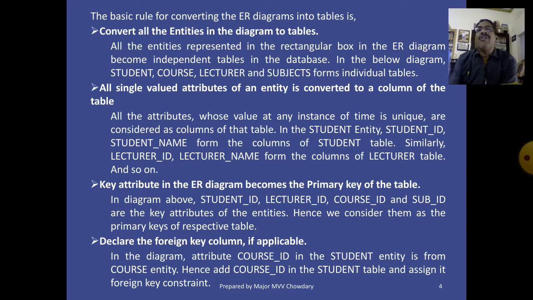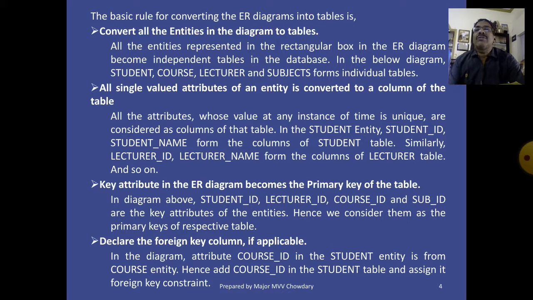After that, all single valued attributes of an entity are converted to columns of the table. The student entity has student ID, student name, address, course ID, date of birth and hobbies. These all are attributes.